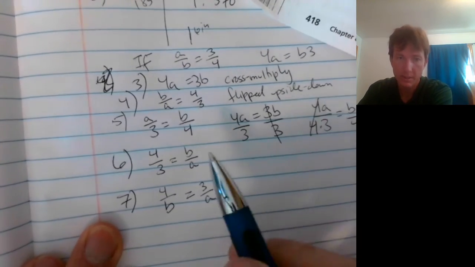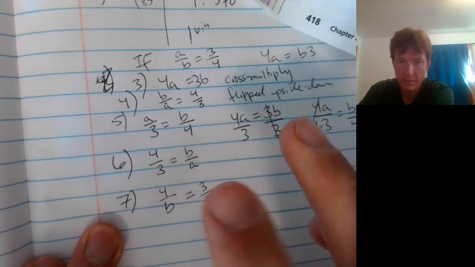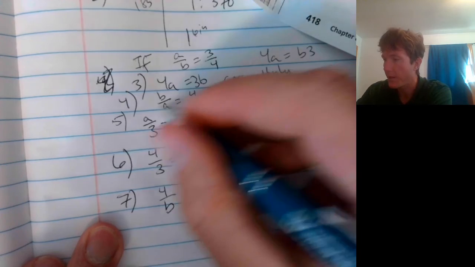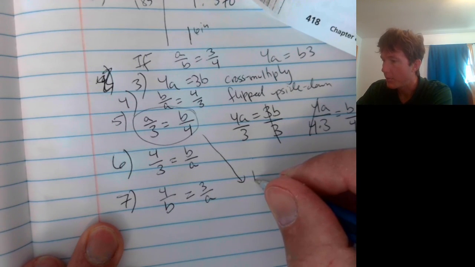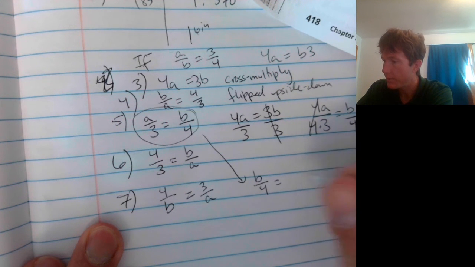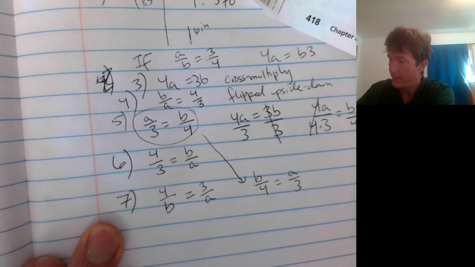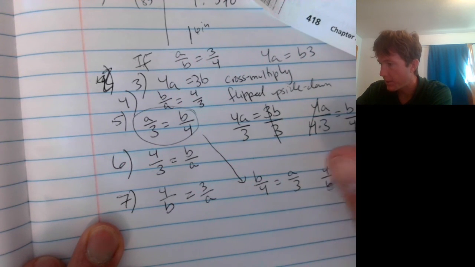Can you all see how this is just number 5 flipped upside down, and then the left is written on the right side? So I'm going to write number 5, bring it over here, and rewrite it so that the sides are flipped. So a over 3 was on the left, now it's on the right. Now I'm just going to flip everything upside down, which is still a true statement. Okay, so I'm going to write it upside down.